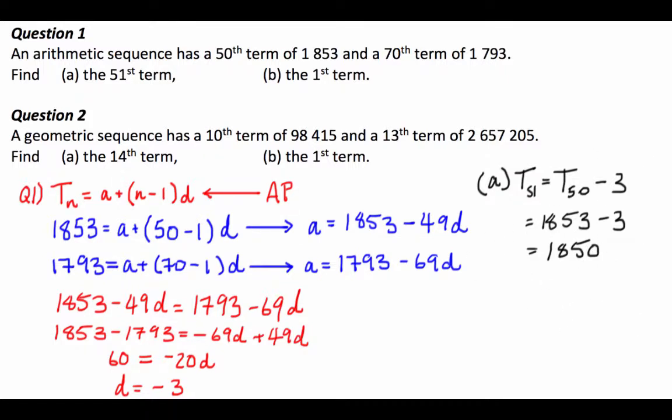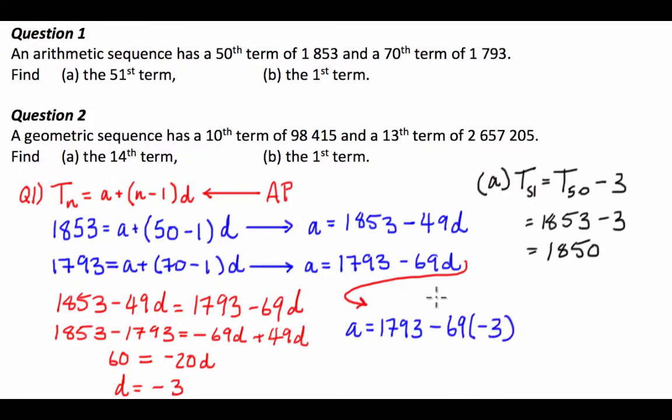Great, now on to part B. In part B, all I'm going to do is substitute my constant difference into one of these formulas that I have here. I'll just use this one here. a is going to be equal to 1793 minus 69 times d, which we know is negative 3.